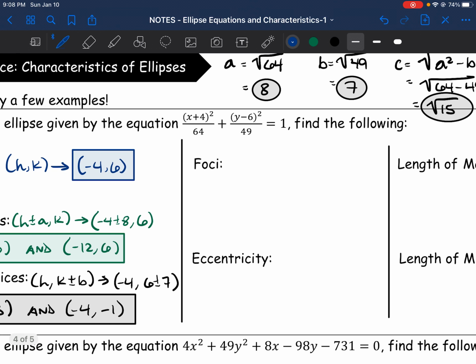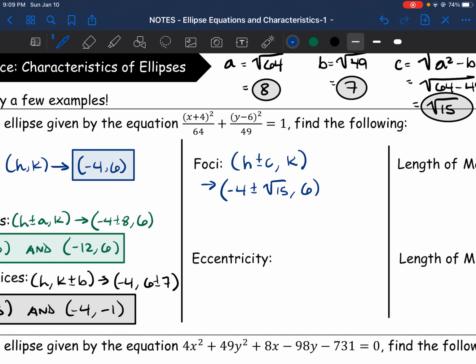Now let's move on to the foci. For a horizontal ellipse, the foci can be calculated using h plus or minus c, comma k. That's going to give us h is -4, plus or minus, c is the square root of 15, comma k is 6.